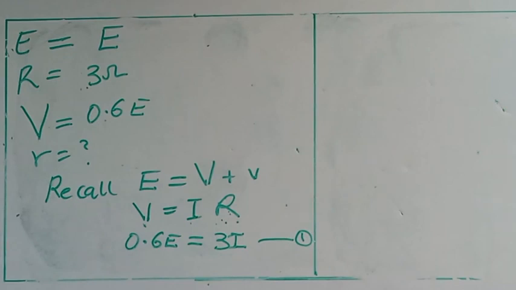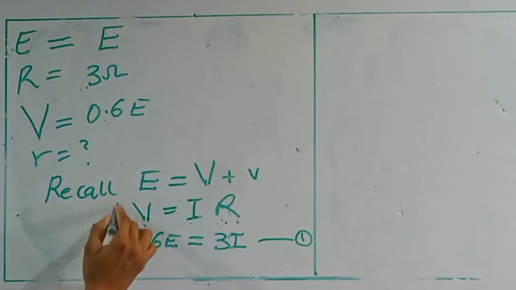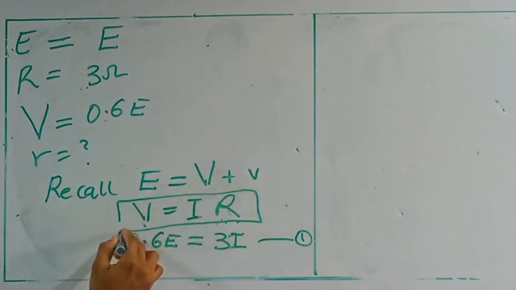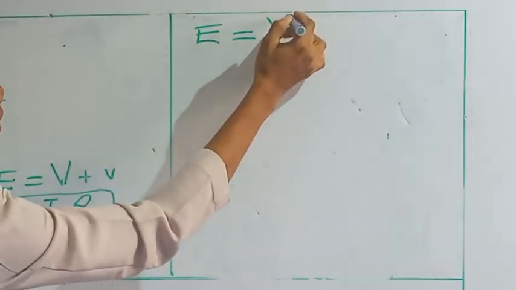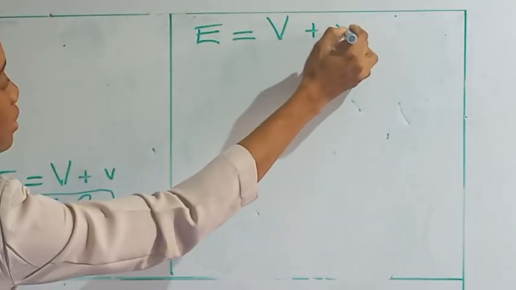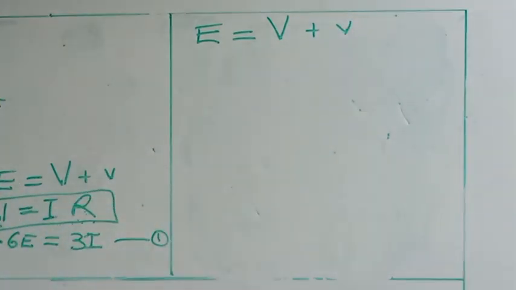We have gotten this from Ohm's law, if you can still remember. The terminal PD gave us this. So we'll go ahead and check. EMF of a cell is equal to terminal PD plus lost volts.